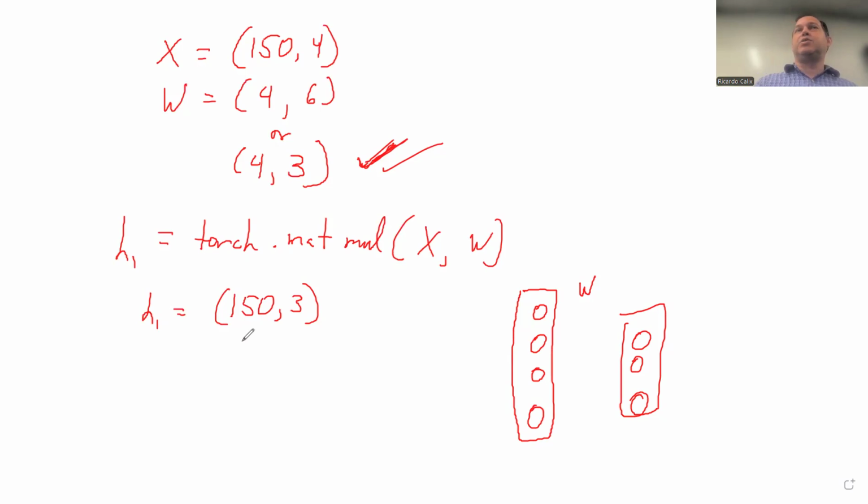But you can isolate it to just one, and it's essentially a neural network where you take the initial 4, that's these 4 values, and given the weights, you convert it into a vector of 3. So for each sample, you go from vector of 4 to vector of 3, 150 times.